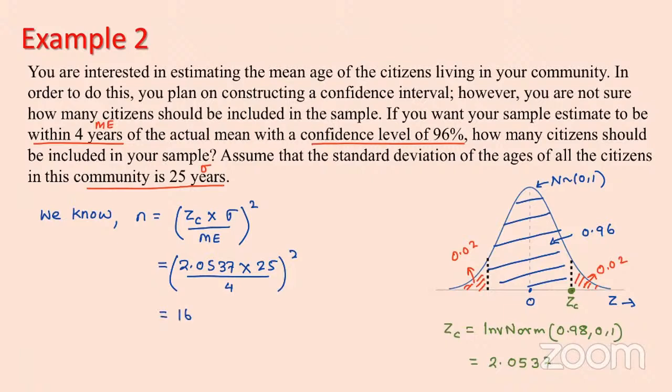And we'll get 164.7533. And I told you, if you get the sample size as a decimal, we have to round it up, right? 164 point something means 165. So if you want to do that estimation of age in that community, you must select 165 individuals. That is your sample size.